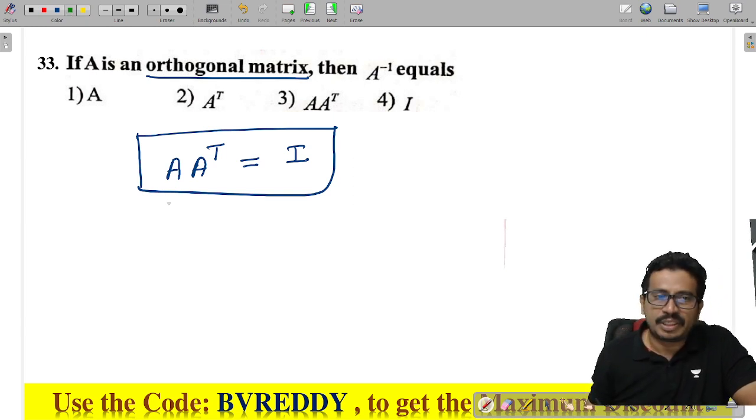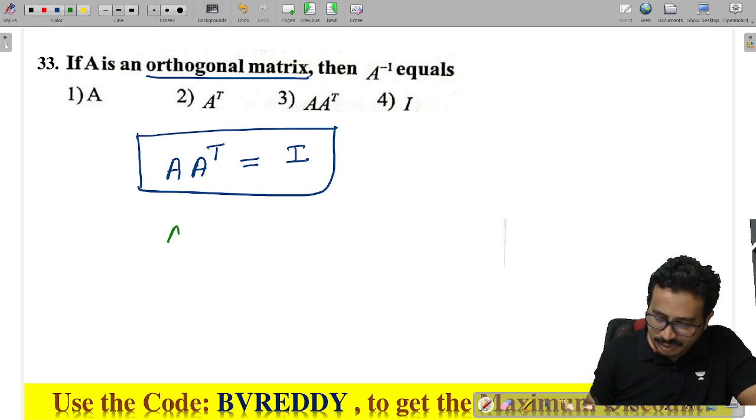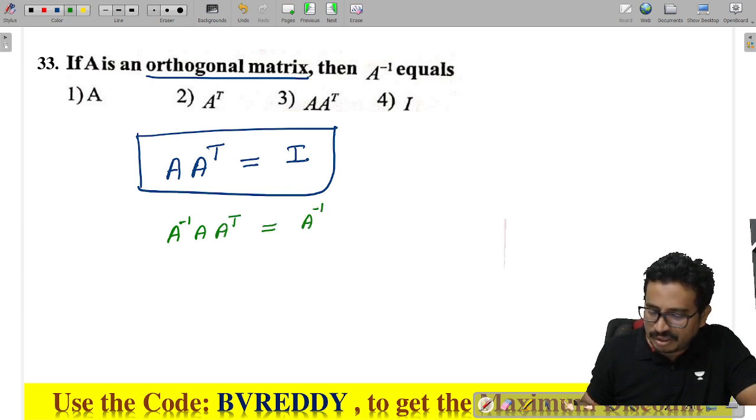I am multiplying both sides with A inverse. Pre-multiplication I am doing. That is A inverse into A into A transpose, which is given as A inverse into I. So you can see A inverse into A is nothing but the I matrix.